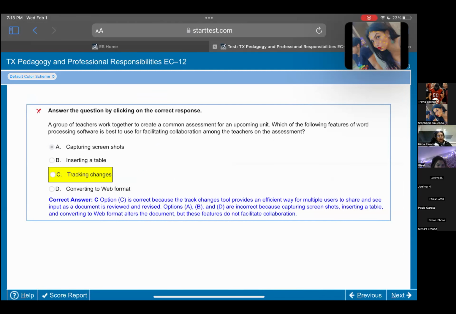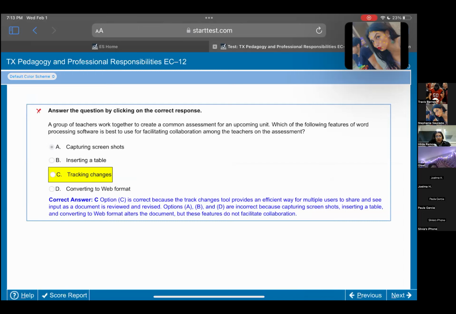Okay, so a group of teachers work together to create a common assessment for an upcoming unit. Which of the following features of word processing software is best used for facilitating collaboration among the teachers on the assessment?